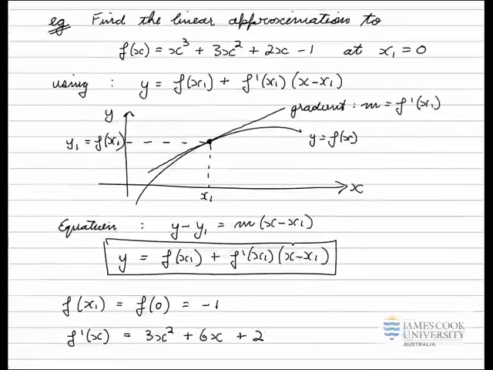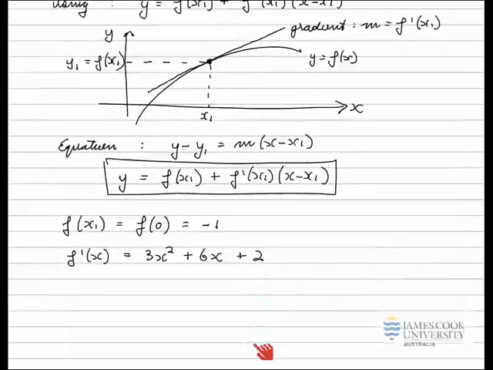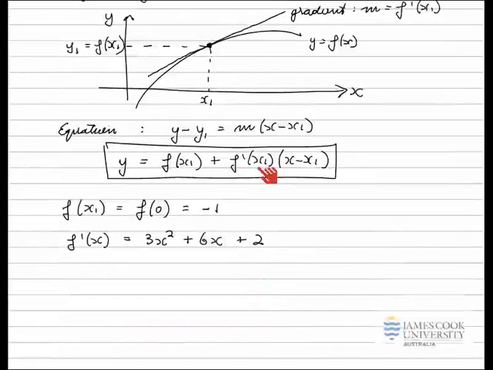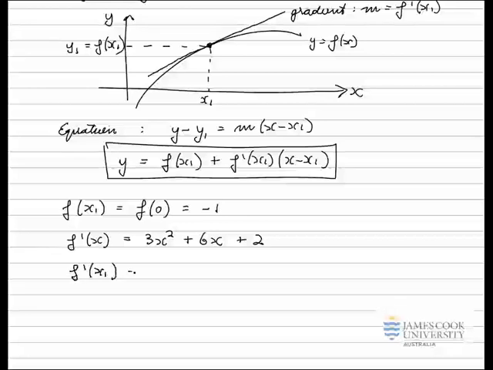And of course the derivative of minus 1 is 0. So there's the derivative of the function. For my linear approximation, I need that to be evaluated at point x1. So f dash of x1 is equal to f dash of 0 at this stage. Again, you can see the x terms equate to 0, and you've just got a value of 2.